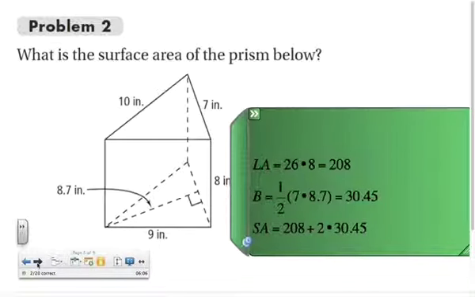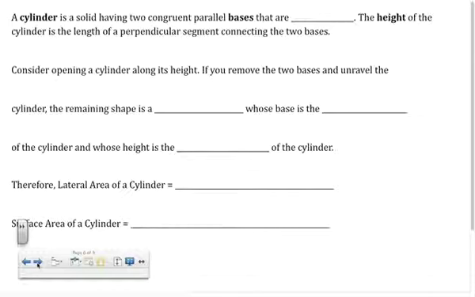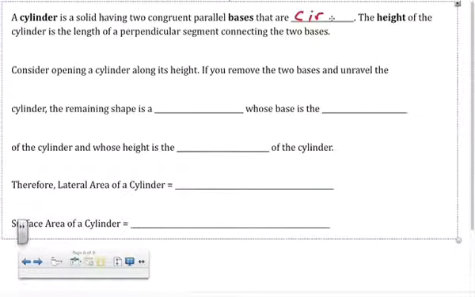Better on this screen now. Okay, as I mentioned earlier, cylinders tend to be a lot easier than prisms because their formulas are a lot more straightforward. A cylinder, because its congruent parallel bases are circles.